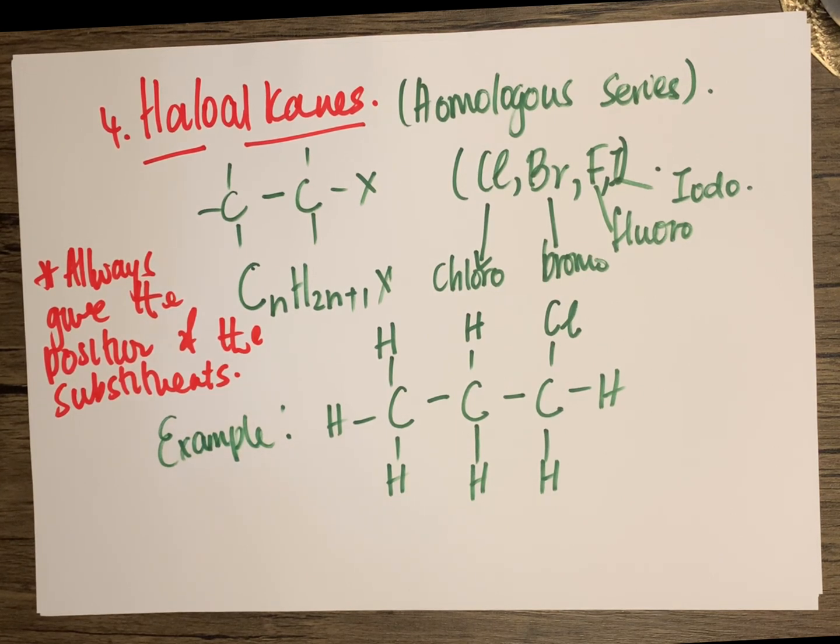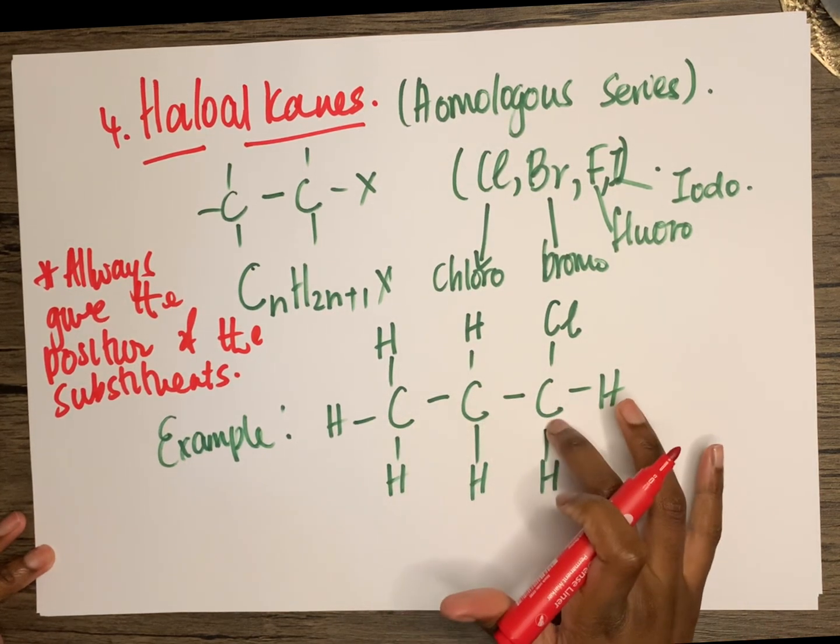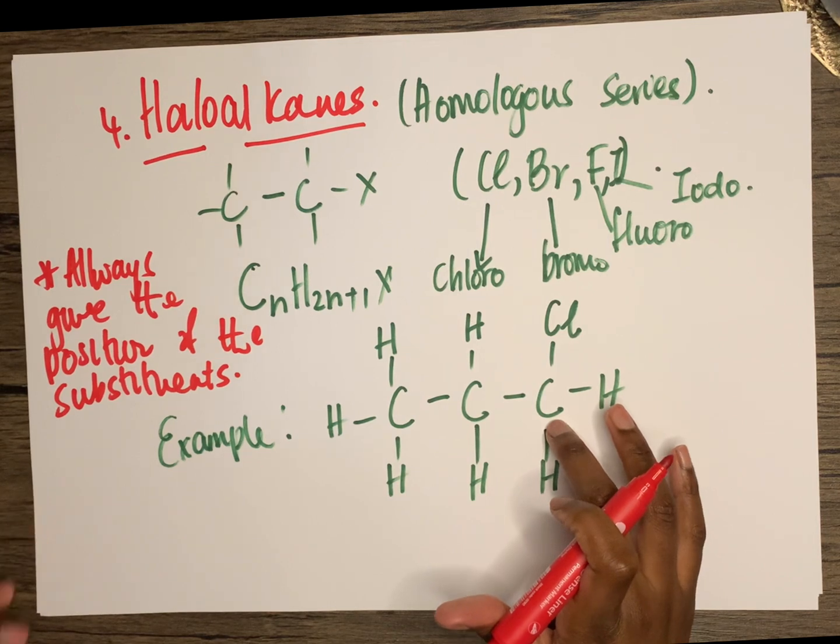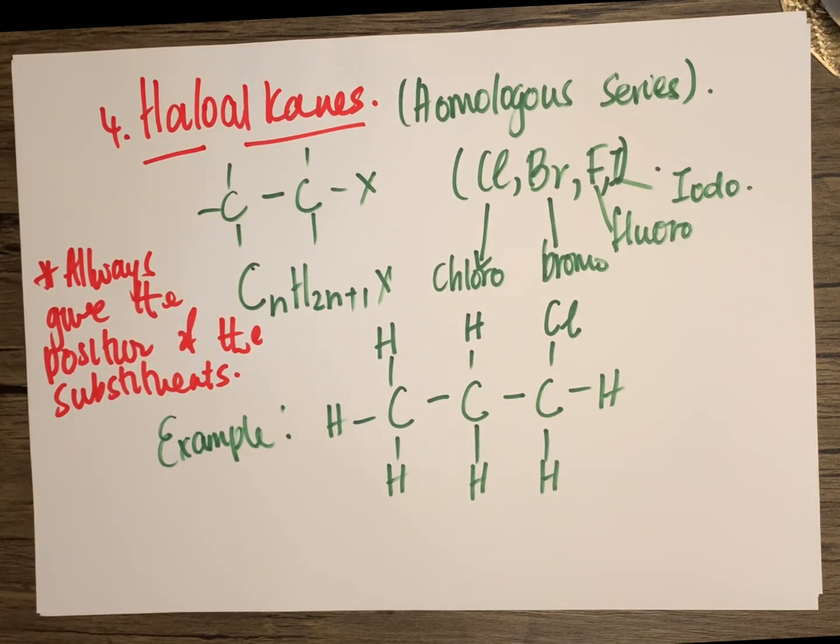I said the first thing you do is count how many carbons you have in the longest chain. So in my instance, I'm going to have 1, 2, 3 carbons, right? But I said when you are numbering, you have to prioritize the functional group if there is one. If there are substituents, you also have to give the lowest position possible to the substituents.